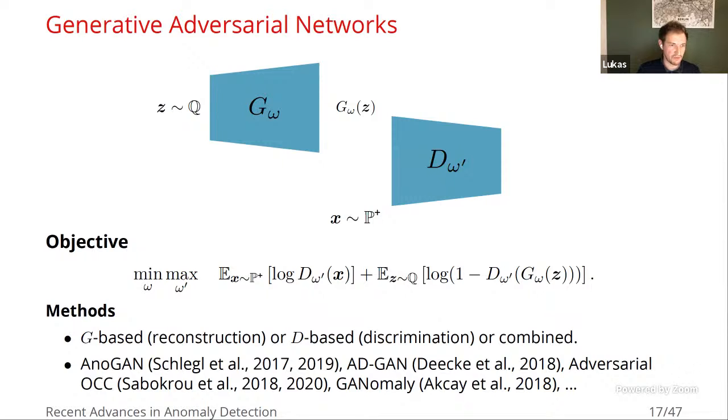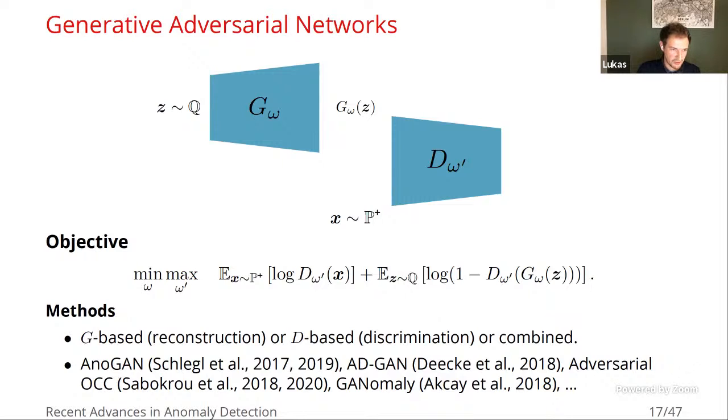And the first methods that use this for anomaly detection, after training the GAN, freeze the weights of the generator and then search for points in the latent space such that the reconstruction under the GAN becomes optimal.